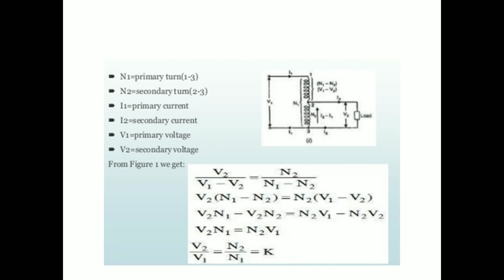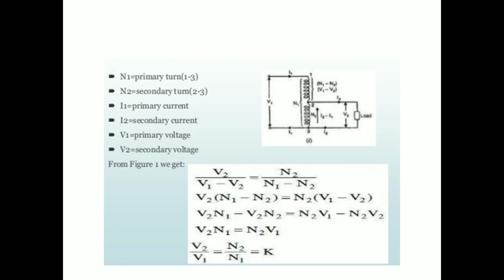So according to transformer principle, from the figure A, we can write V2, that is voltage across secondary, divided by voltage across AC, that is V1 minus V2, is equal to number of turns across secondary, that is N2, divided by number of turns of AC, that is N1 minus N2.